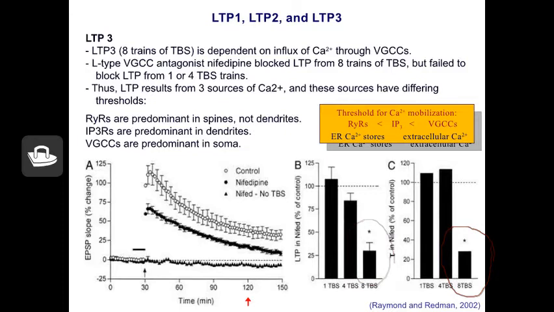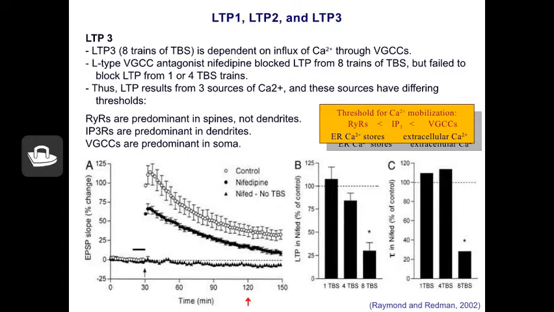So once again, the effect was selective. Nifedipine, even though it had a substantial and statistically significant impact on LTP3, did not alter the magnitude or duration of potentiation for LTP1 or LTP2.